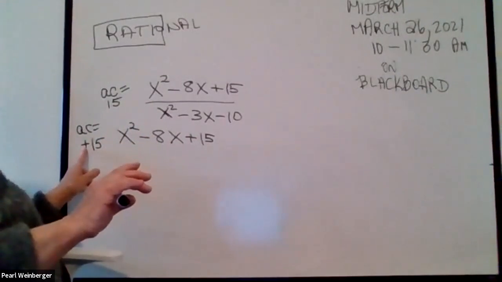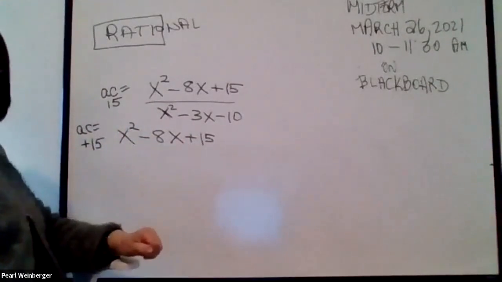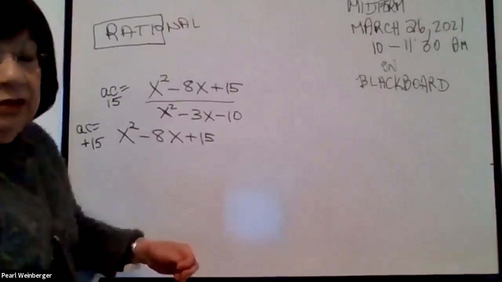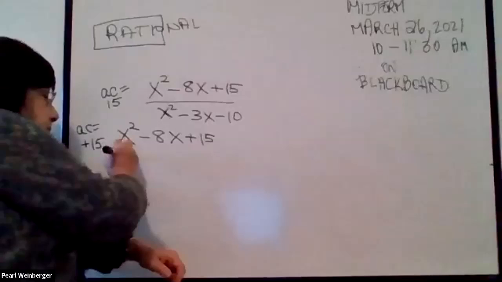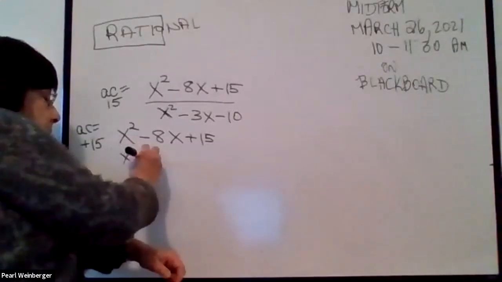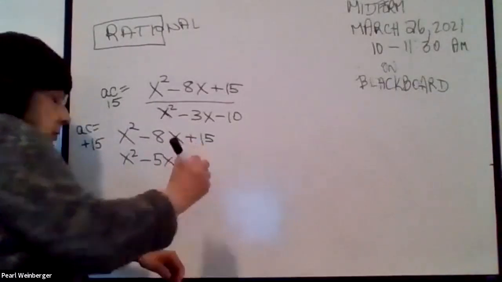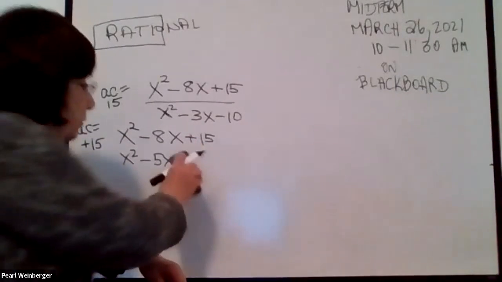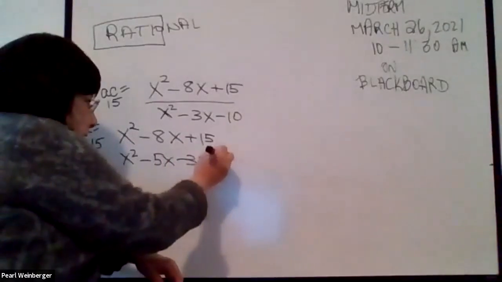And since this is minus, when they add, they're going to give me 8. Do you see that those numbers are 3 and 5? Yeah, they're both negative, so this becomes x squared minus 5x minus 3x plus 15.